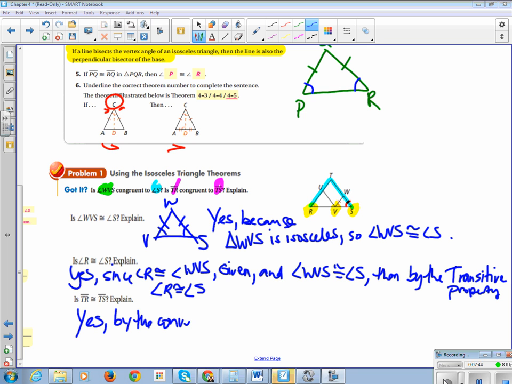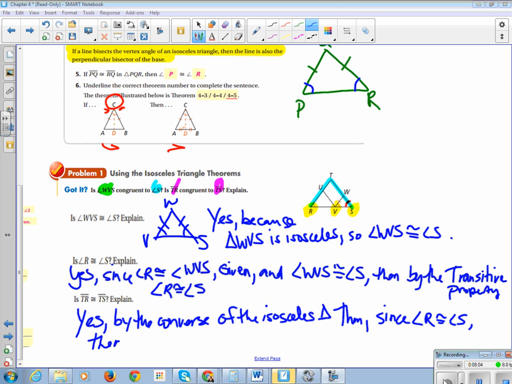By the converse of the isosceles triangle theorem, since angle R is congruent to angle S, then TR is congruent to TS.